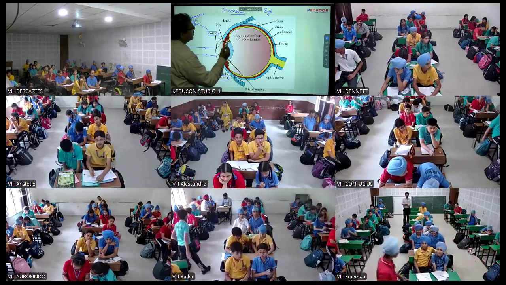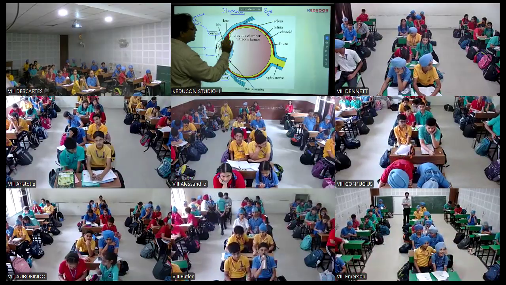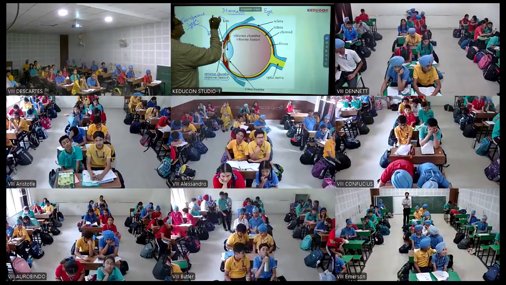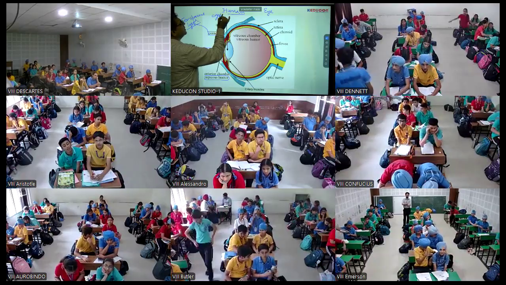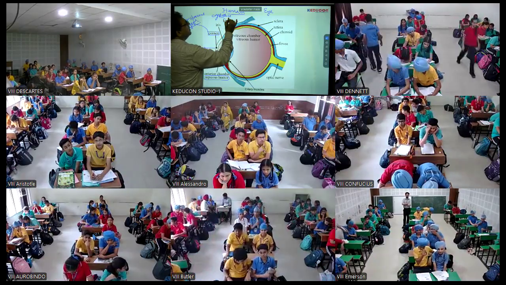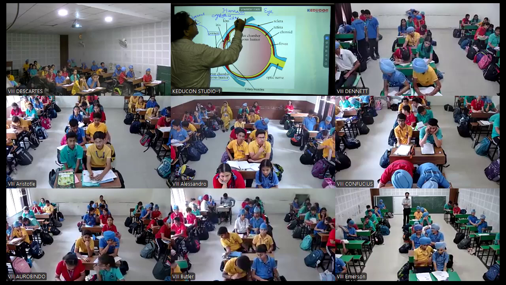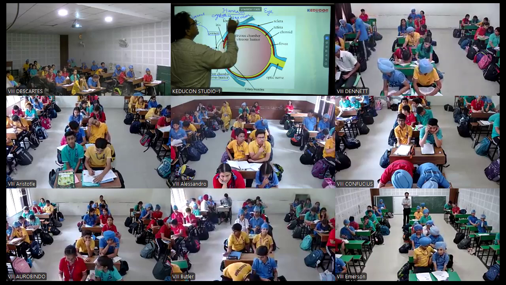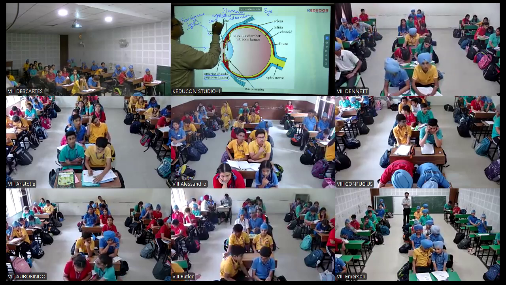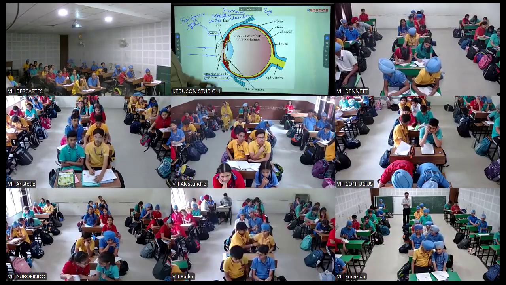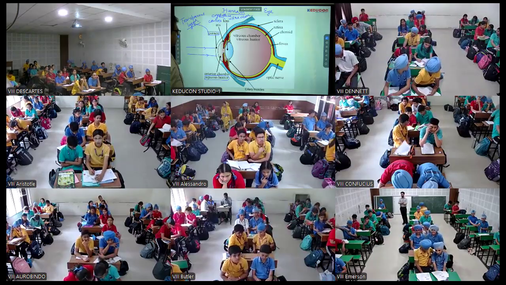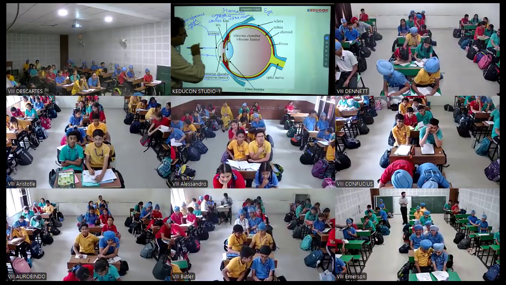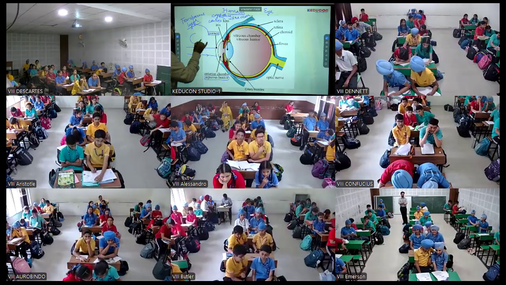So this is your lens. It is ultra clear. Its complete name is crystalline lens, an ultra clear convex lens. Rather, I should say convex eye lens. If you see the lens from the front side, it will appear circular.